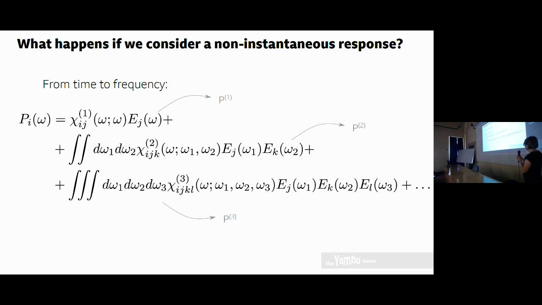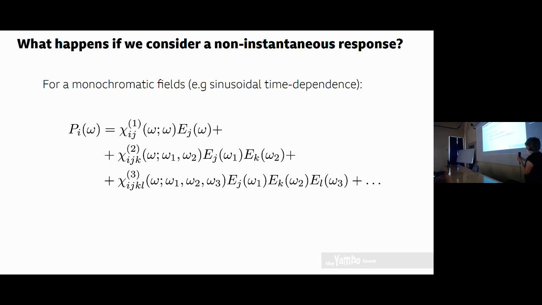If you have any other field, for example with some frequency, then you have to evaluate those integrals. While if you have a monochromatic field, then you have this expression, which is again much easier. So this is why there are these tricky fields that just make the job easier.